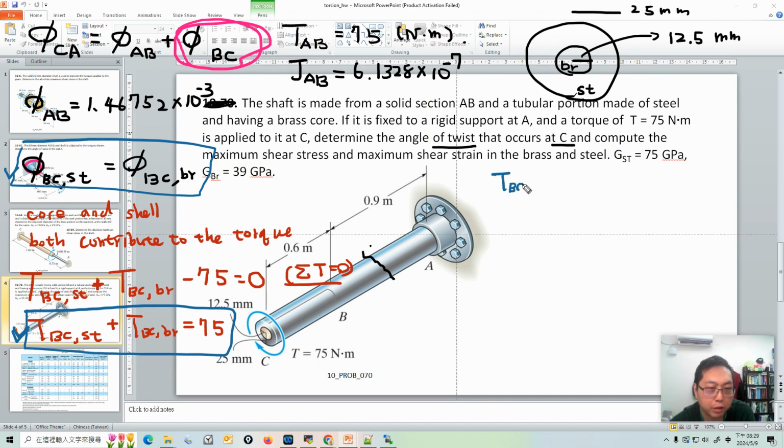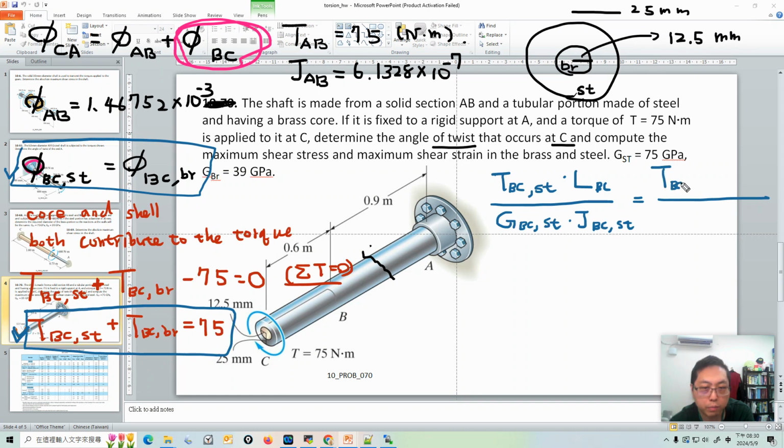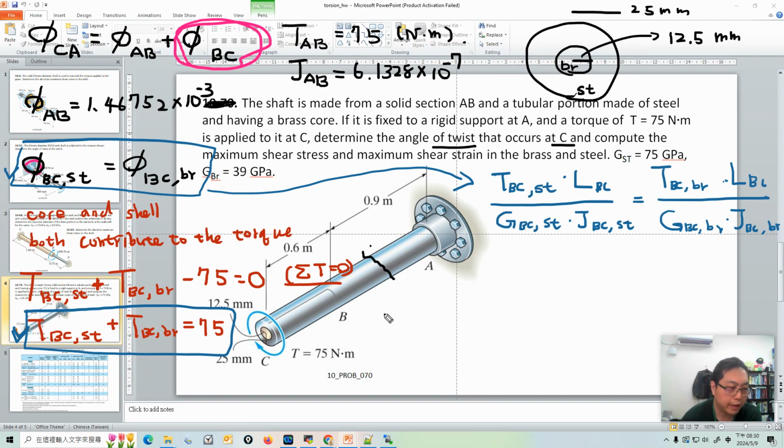We need T BC steel times L BC divided by G BC steel times J BC steel, equal to T BC brass times L BC divided by G BC brass times J BC brass. Very luckily, because they are in this core-shell structure, they share the same length BC, so we can cancel it out. T BC steel and T BC brass are what we don't know and want to solve.